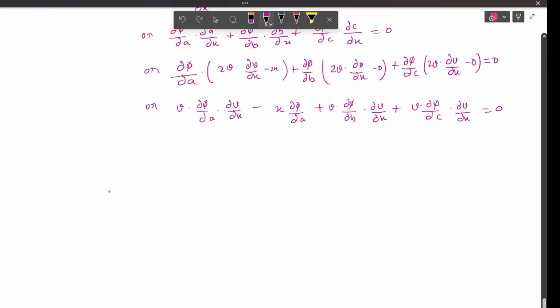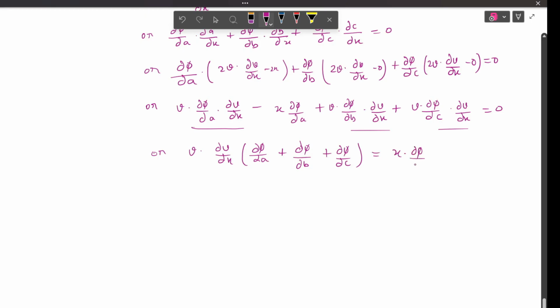This should be 0. So we can say that v ∂v/∂x, if we take it common from these terms, multiplies ∂φ/∂a plus ∂φ/∂b plus ∂φ/∂c. We take the other term, x ∂φ/∂a, to the right hand side.